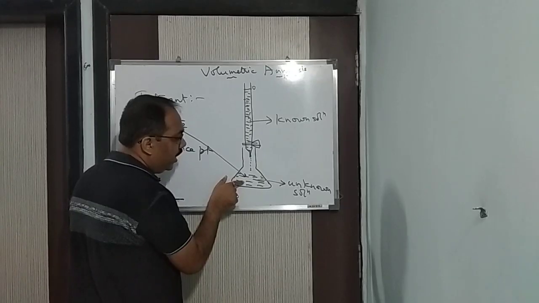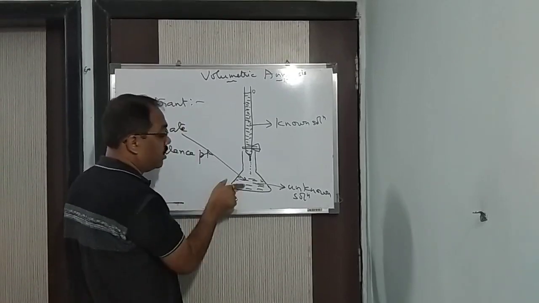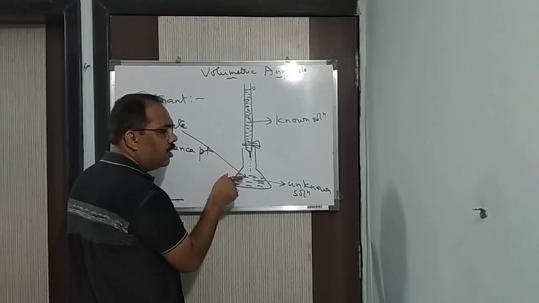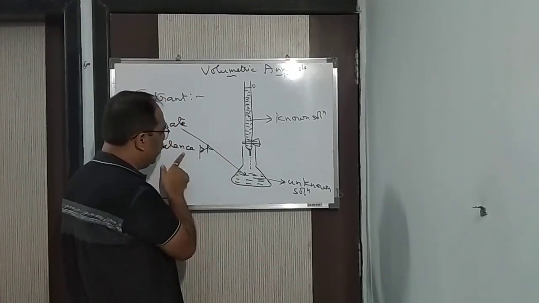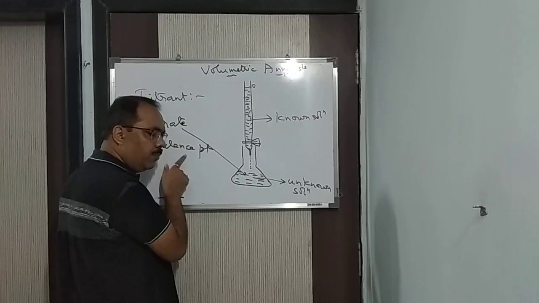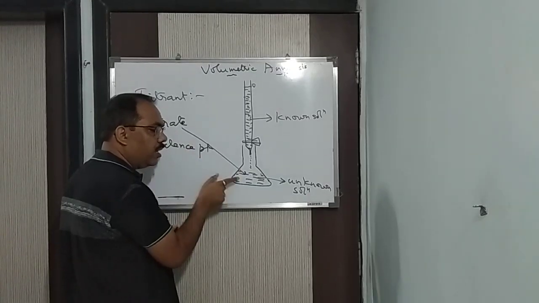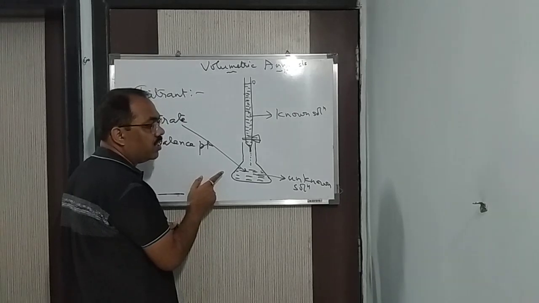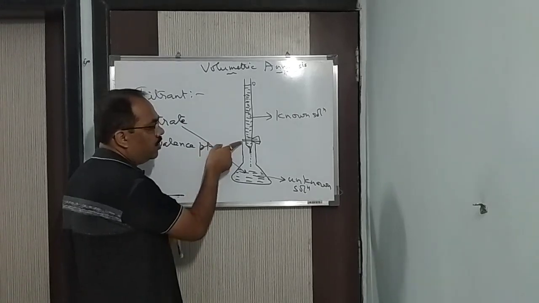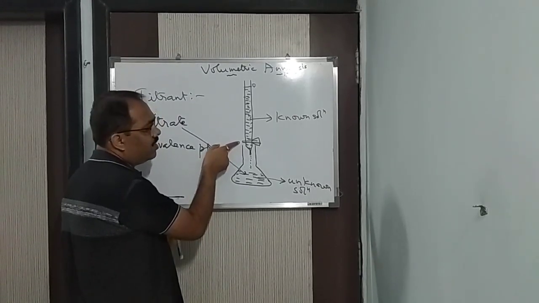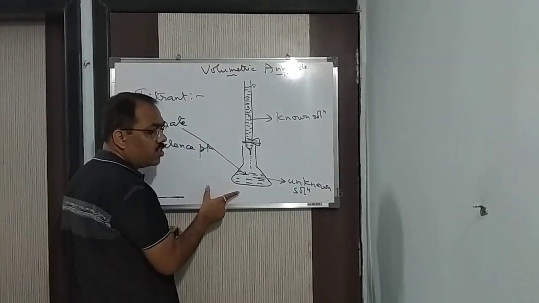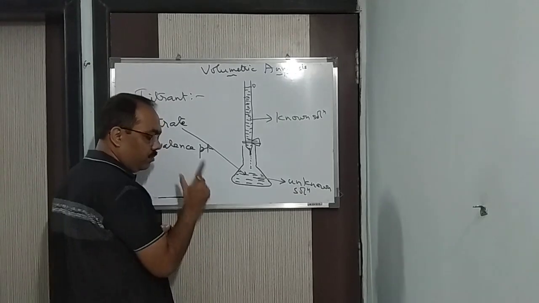We add an indicator to this unknown solution, the titrate, before the experiment. When the experiment reaches the equivalence point, the end point, the indicator color is going to change. At that point the reaction is completed and we stop the stopcock. For that reason I am sending you a video where the process of titration is shown. You will see the video and understand it completely.